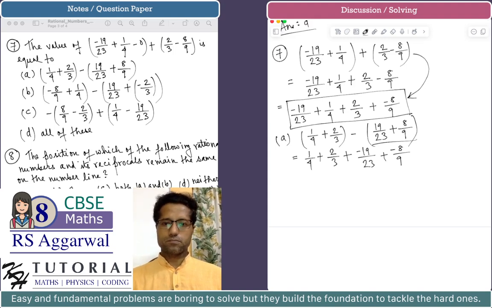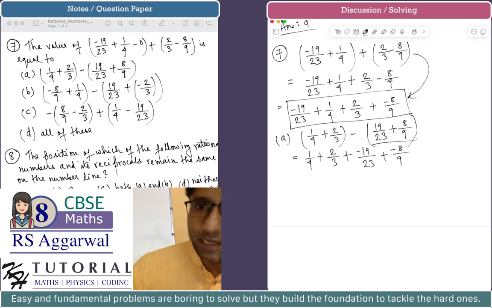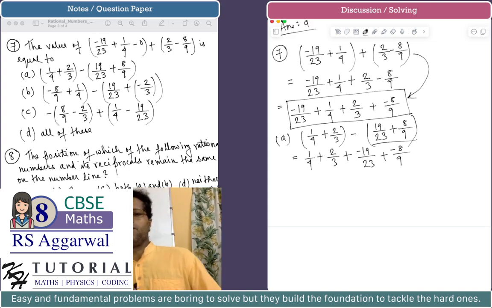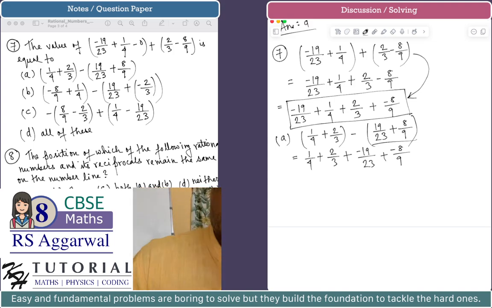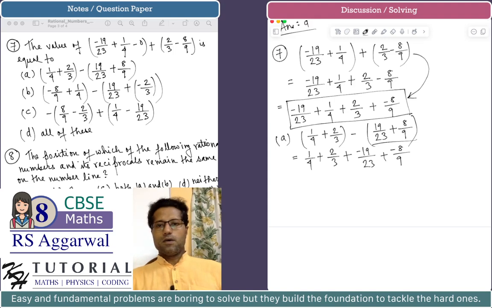So we have the terms 1 by 4, 2 by 3, minus 19 by 23 and minus 8 by 9. The same rational numbers are in the result. So A is correct. The value of the given expression is definitely equal to the value given in choice A.